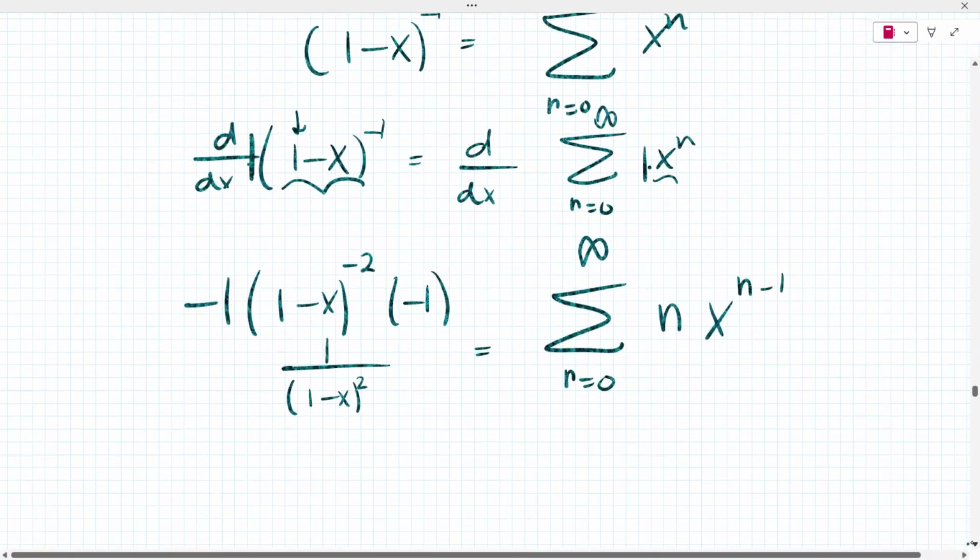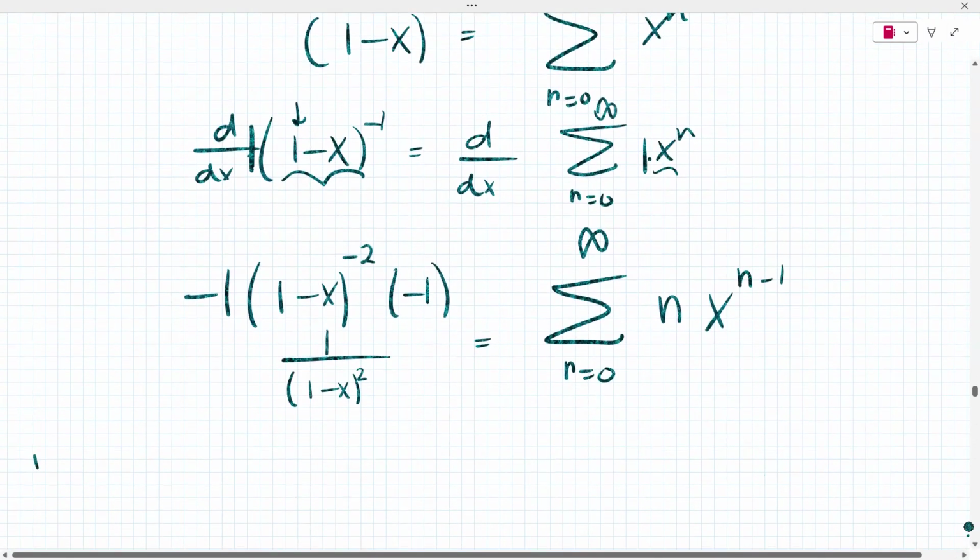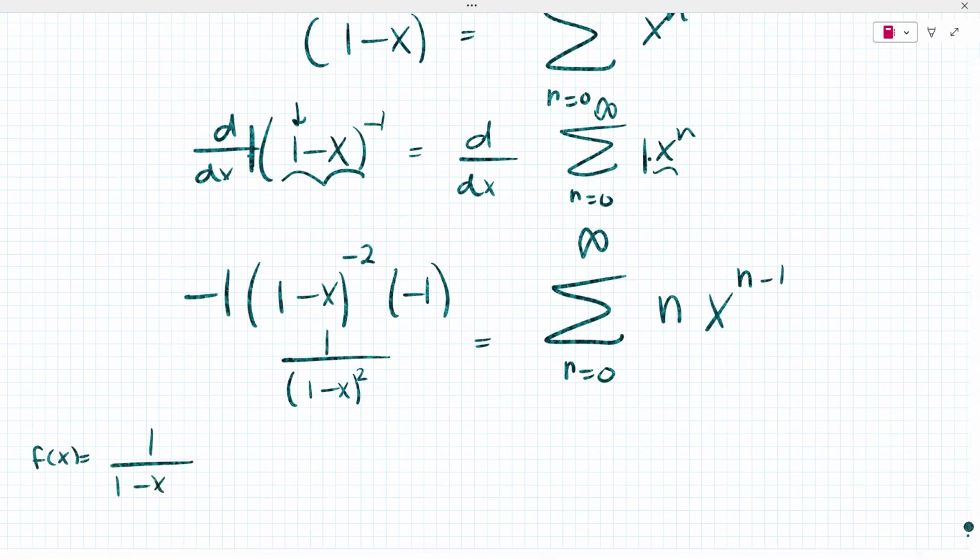We had f of x equals 1 over (1 minus x) squared, right? And yes, wait, actually that is our answer.